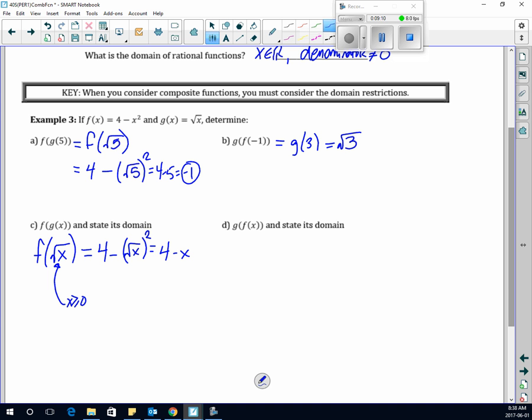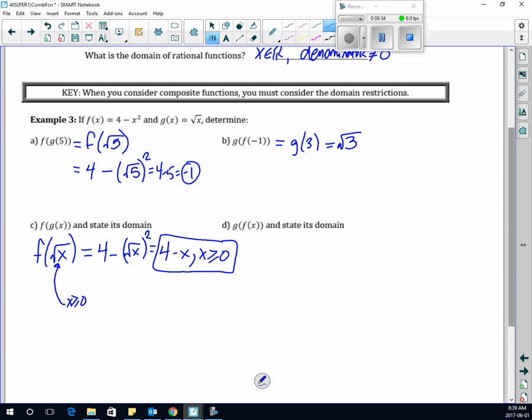Does that make sense? So that means when it comes out, it's not like all of a sudden magically you can have those x's back for all reals. This was the restriction going in. So then you need to write that because otherwise you'll think, oh, well, I can put whatever I want in there. You have to actually include that as your final answer.